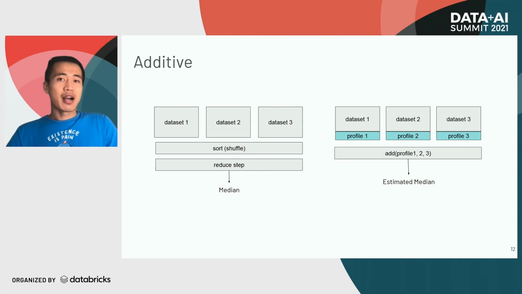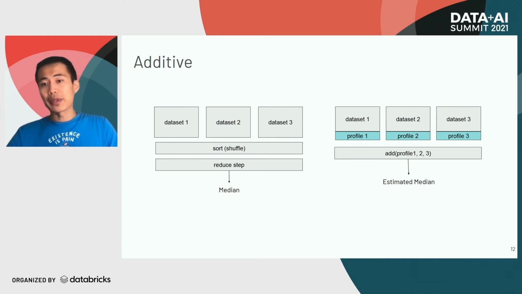That is a very common operation that our users rely on to detect data drift. In the traditional Spark way, you would have to sort through all the data to figure out where the median is, and that requires a shuffle, which means I/O cost in Spark. If you have billions and billions of data points, that is non-trivial in terms of computational cost as well, because sorting can be expensive.